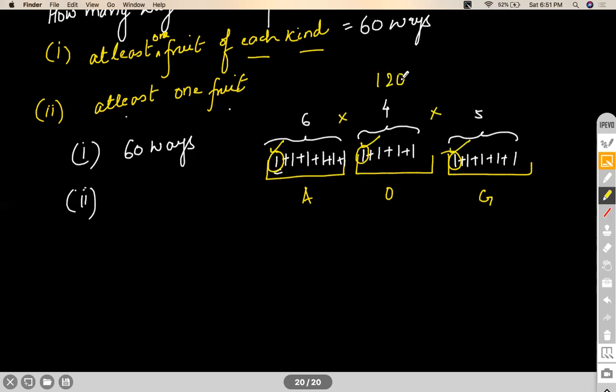So one such case where you have put nothing at all has to be removed because you have to pick at least one fruit. So your answer is 119 ways. Are you getting this point? Why -1, is that clear? Because there is one such case where you will put nothing at all in any of the baskets that you are carrying. That one case where you have put nothing at all has to be removed.